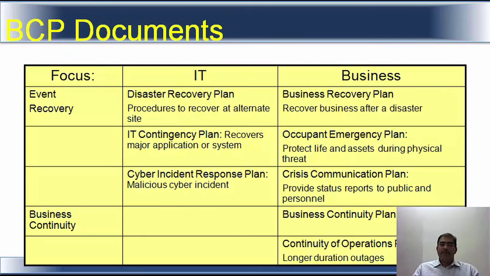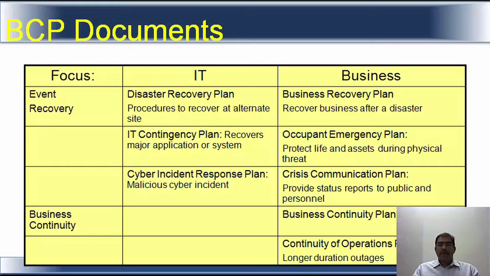What are the documents for BCP? Now, if you look at the table, it has three columns. One is the focus. Focus is on IT and business. Let's take an example of event recovery. Under IT, there is a disaster recovery plan. What it specifies?